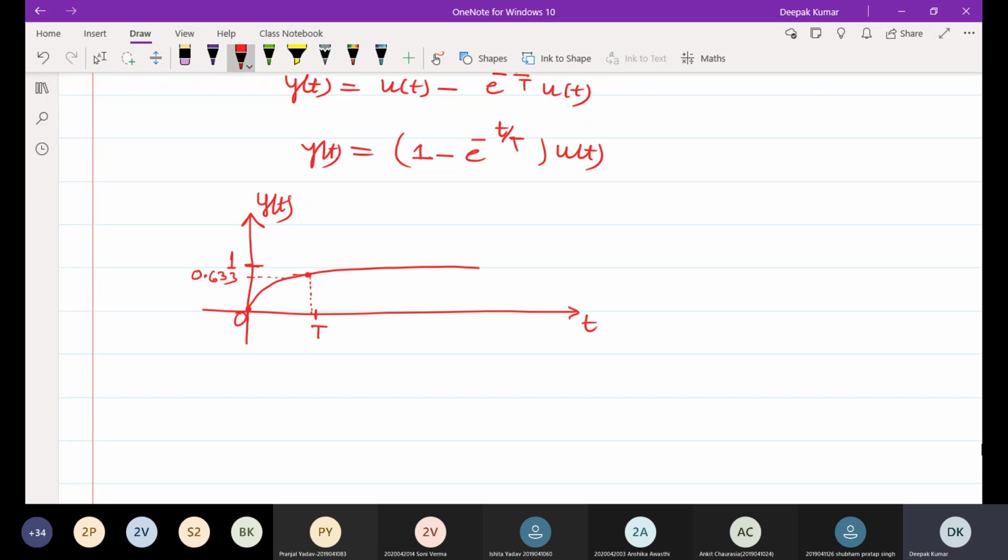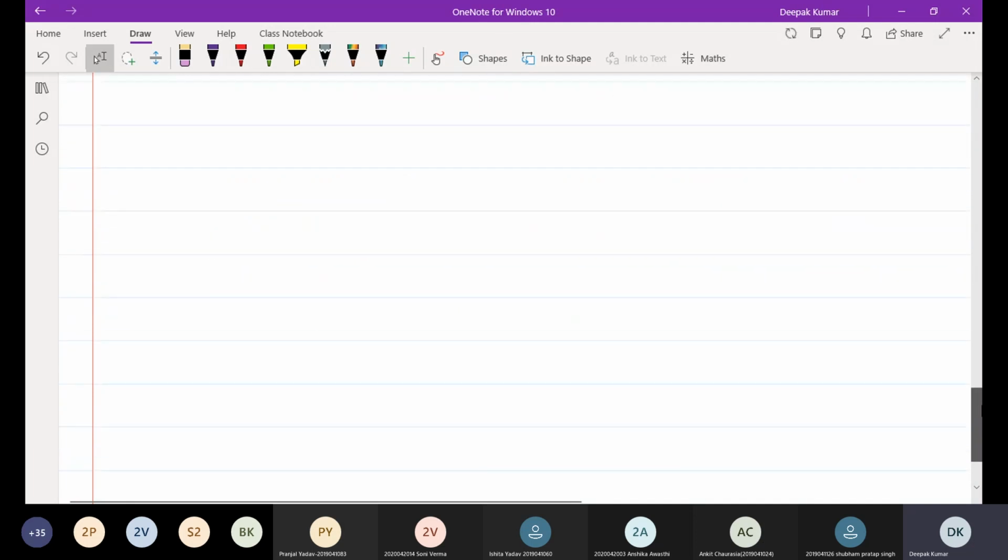So you can say the first order system will reach in one time constant up to 63% of maximum value. Now this is step response graph of first order system. Now you can also plot the magnitude as well as phase spectrum of the first order system.